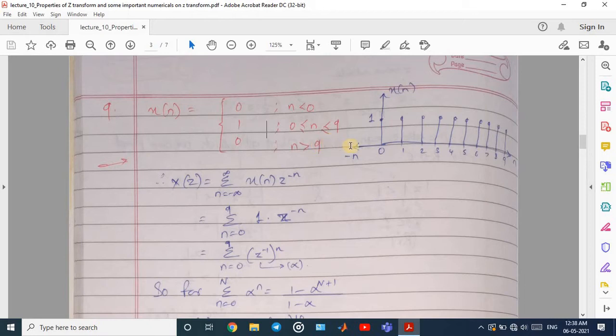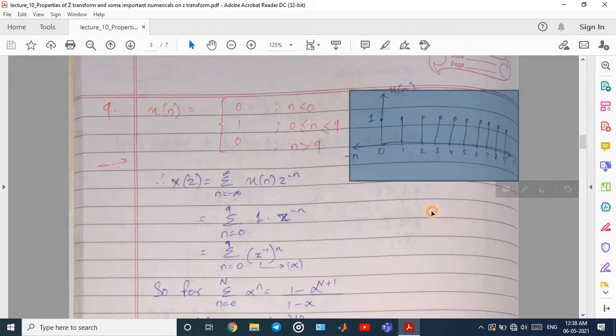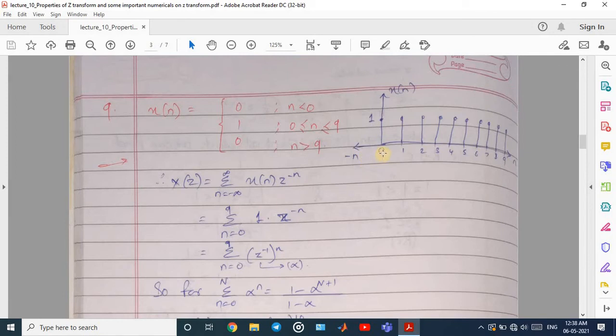After 9 it will be 0. Before 0 it will be 0. I have drawn it here. This is the signal. So it will be 1 for 0 to 9, otherwise it will be 0.